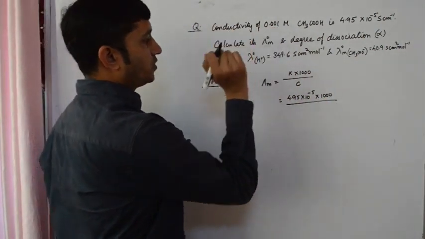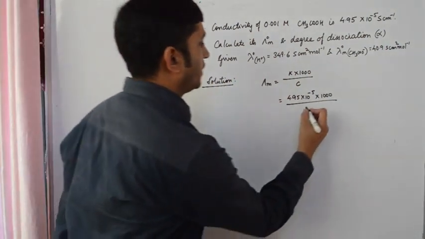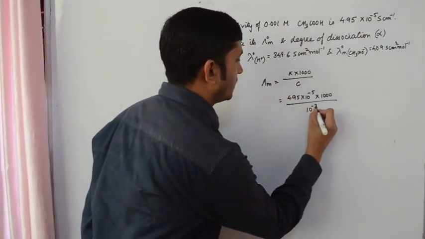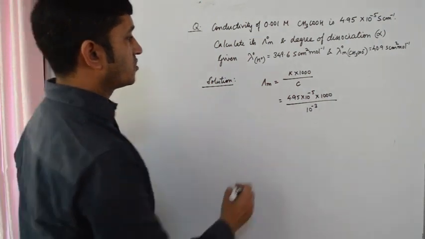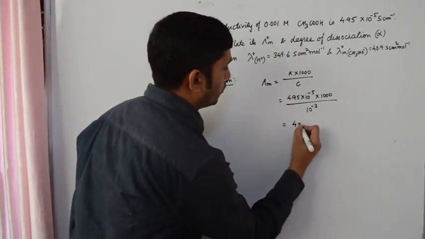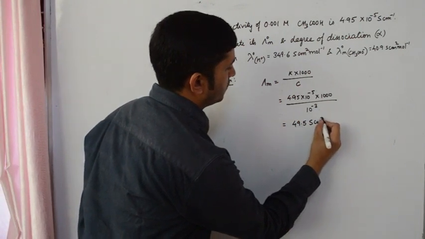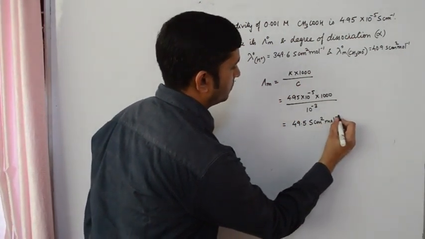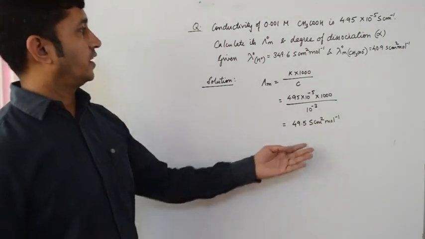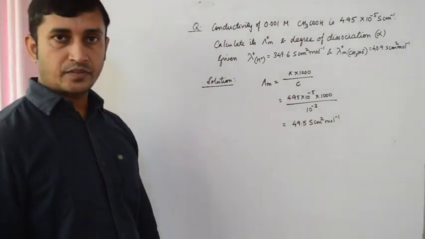Molarity is 0.001, that can be written as 10 to the power minus 3. So on solving we will get here 49.5 Siemens centimeter square per mole. So we have calculated its molar conductivity.